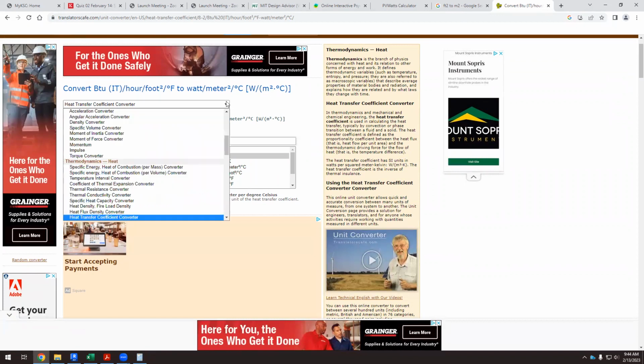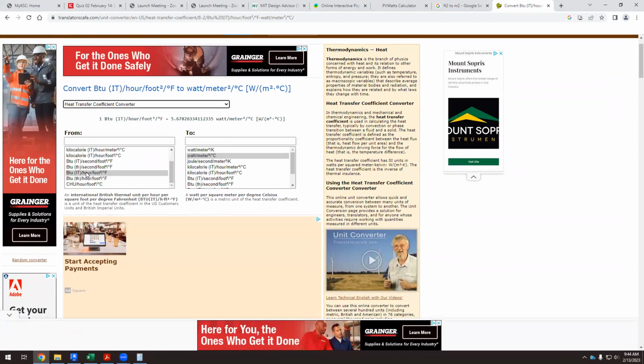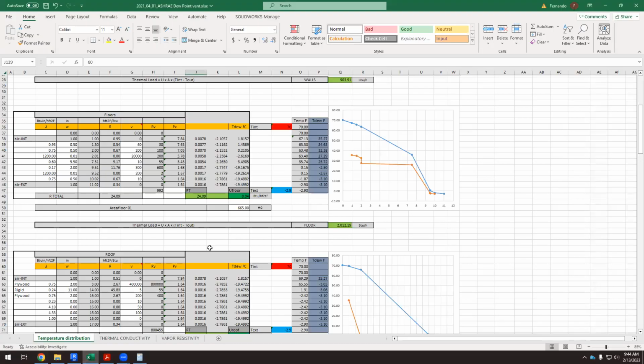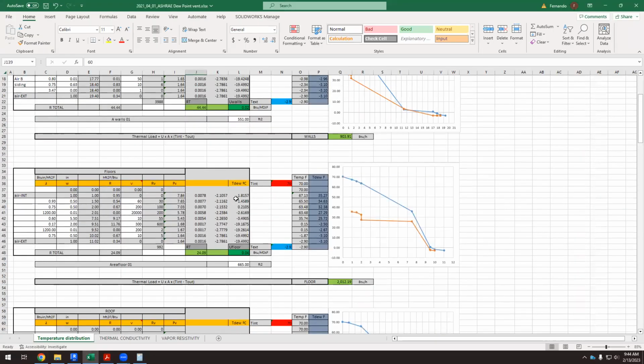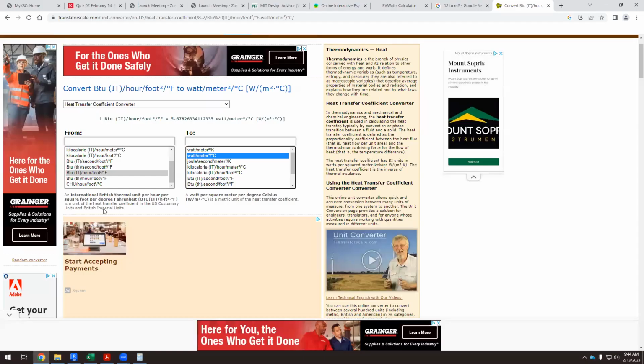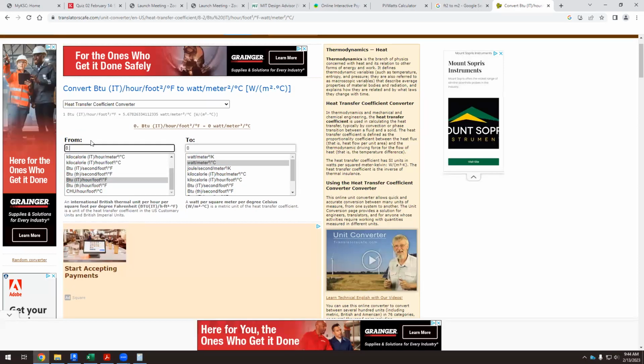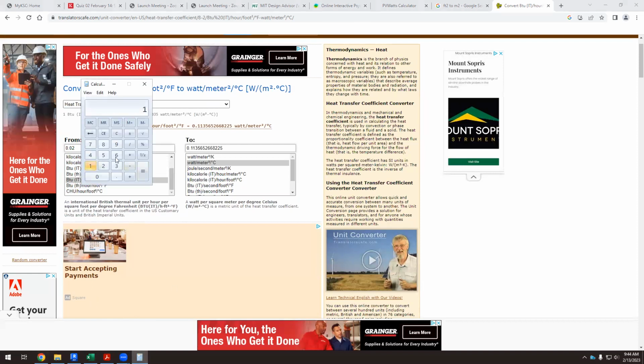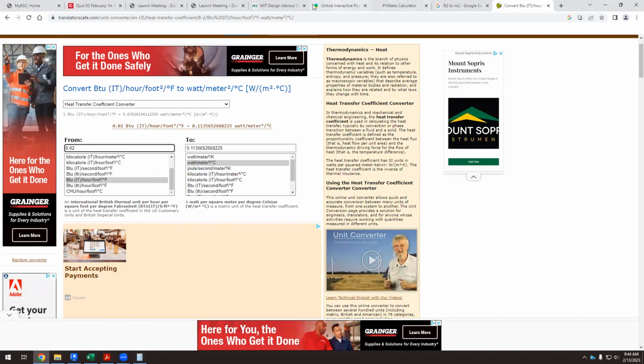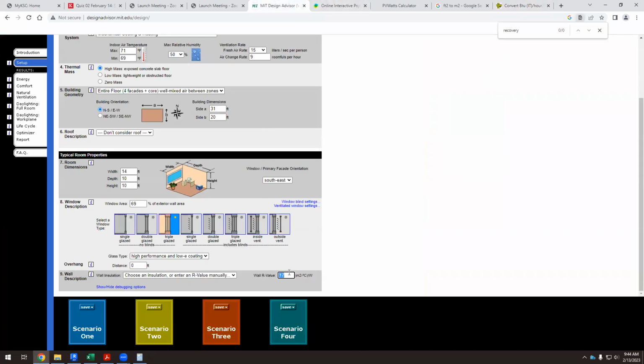Heat transfer coefficient converter. Okay, so let's do it with the heat transfer coefficient to watt meter Celsius. The heat transfer coefficient of the wall is 0.02. So this is 0.11. So 1 divided by 0.11, it's 9 point something. So this is going to be 9.